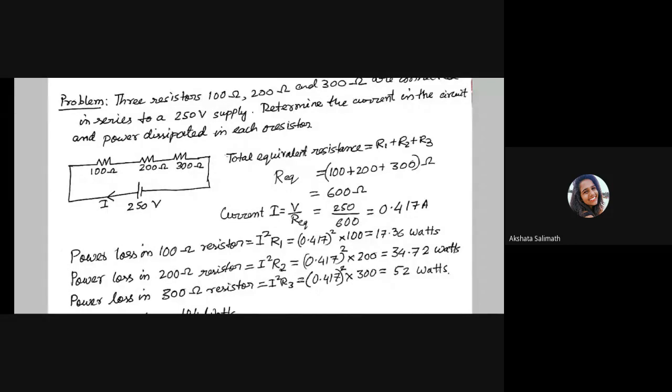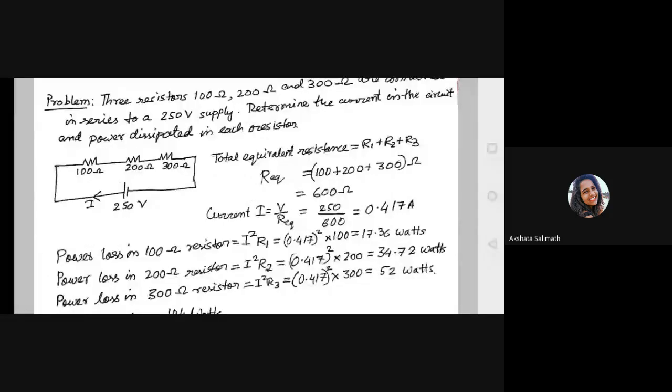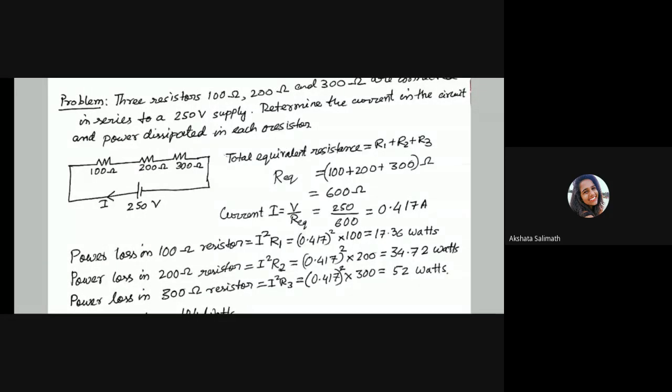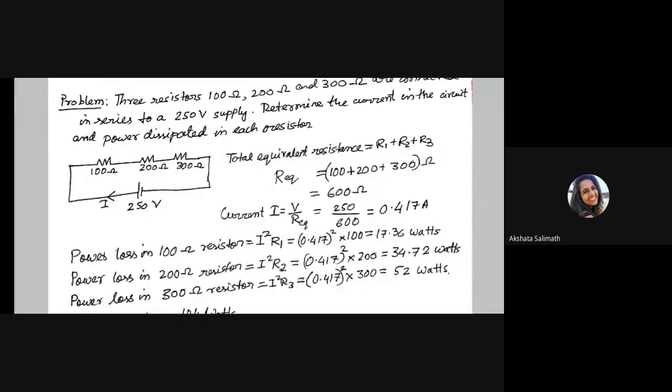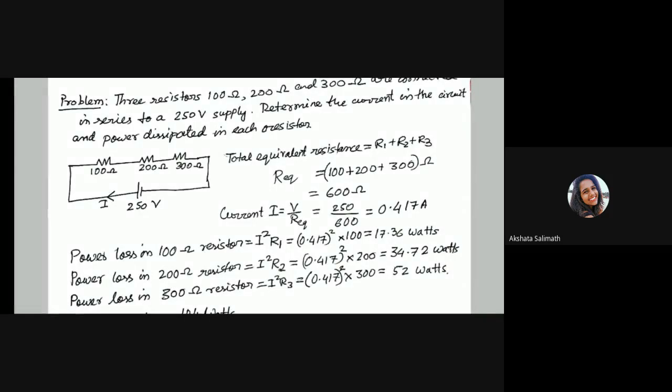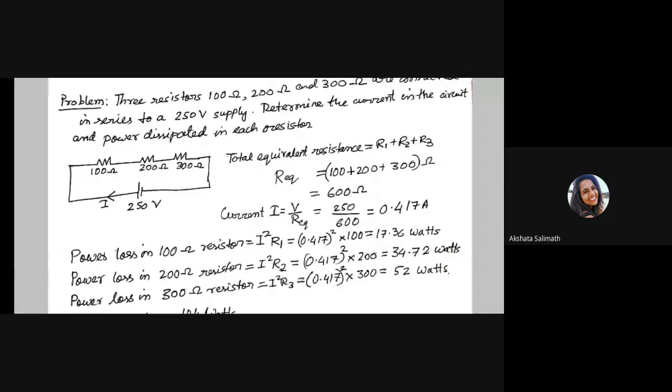So here, why am I using this? I could have used other formulas also, but that would have been a longer one. Because we know the total current I, and we know the R1 value also. Once we know I, we can use the I square R formula. Are you getting my point?